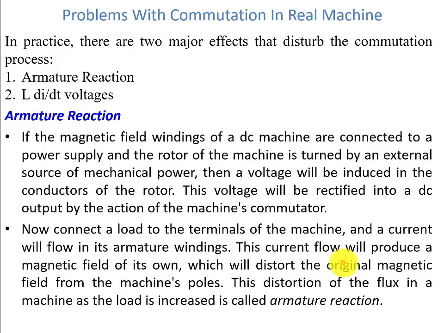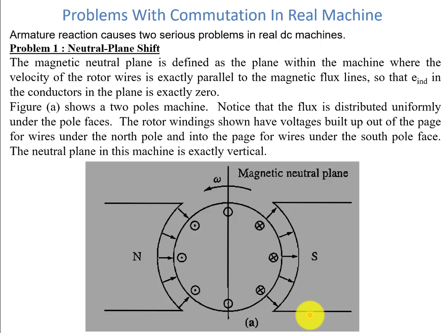This current will produce a magnetic field of its own, which will distort the original magnetic field from the machine's pole. This distortion of flux in a machine as the load is increased is called armature reaction. The effect of the two fields causes some problems.